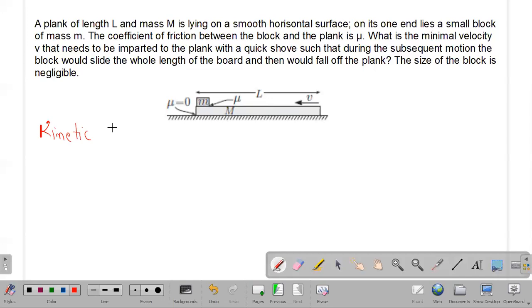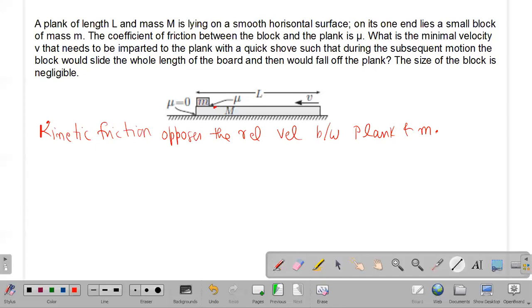So kinetic friction will appear, which opposes the relative velocity between the plank and the mass small m. The velocity of this plank relative to the mass small m is to the left side.